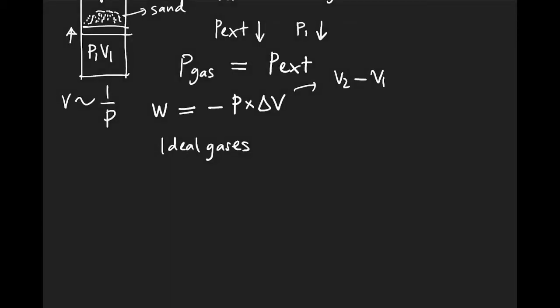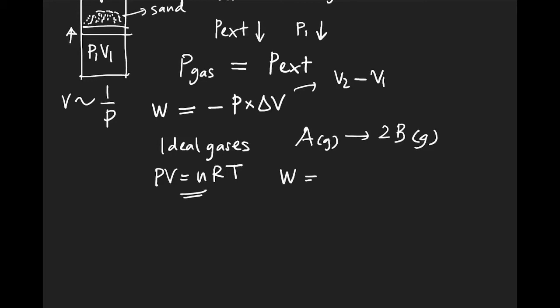Now for the case of ideal gases, say you have a gas that dissociates into two molecules. For an ideal gas, we know that PV is equal to nRT. And in this case, we could also use this to calculate the work. And the work can be minus delta n RT, given that all this process occurs at a constant temperature.